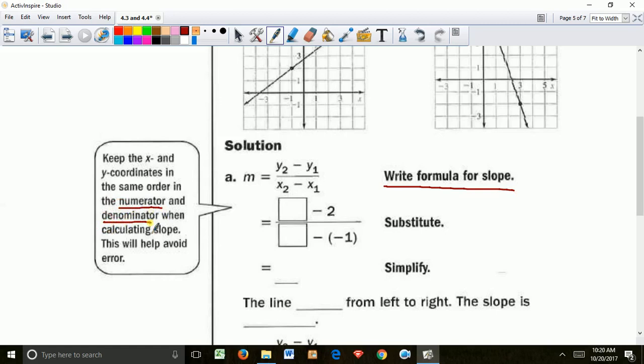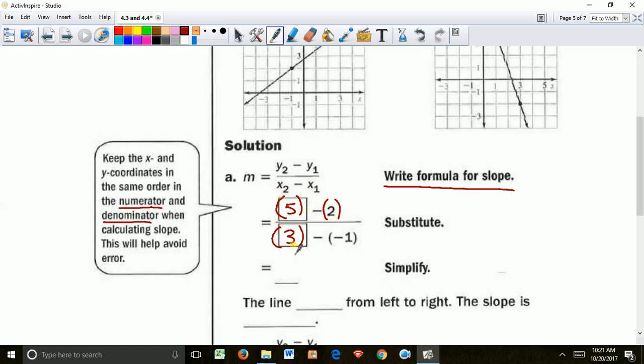This will help avoid error. So in this case, we're plugging in 5 for y2, 2 for y1. If you have a lot of negative symbols, I greatly encourage you to use parentheses, and then x2 is 3, and your x1 is negative 1.